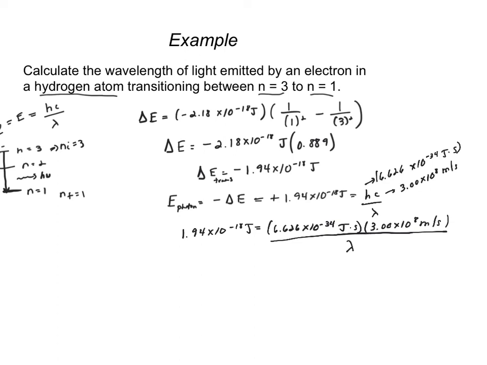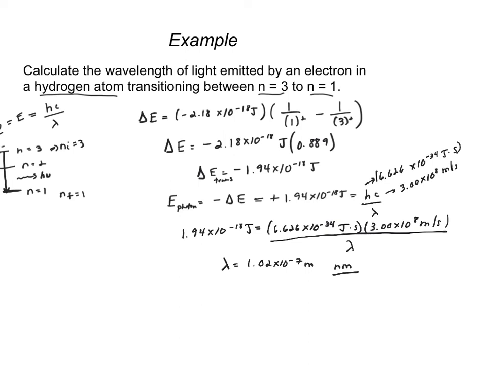Okay, so when we do that, we will end up getting a wavelength equal to 1.02 times 10 to the minus 7th meters. And so frequently with respect to these types of problems, we'll want to be dealing with nanometers, because that's the range of light.